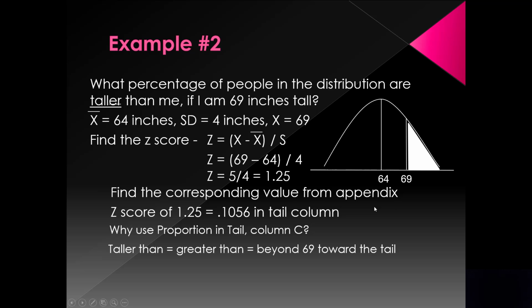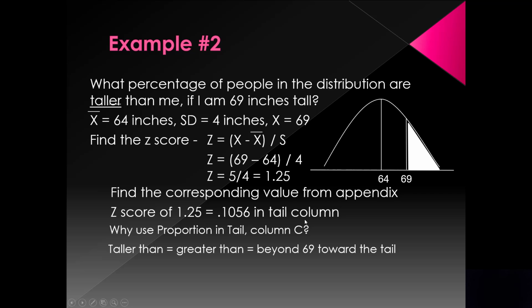Okay, find the corresponding value from the appendix. Now, you got a z-score of 1.25. You know what that equals? 0.1056 in the tail column. Right? Remember, there's a tail, a body, and a between mean and z column. Why am I using the proportion in the tail in column C?